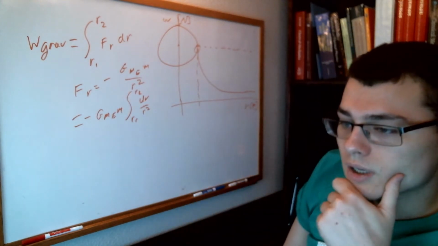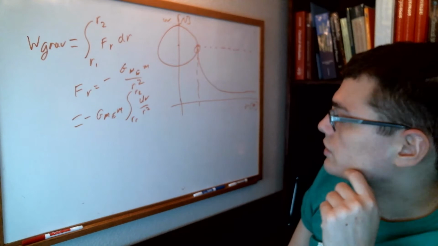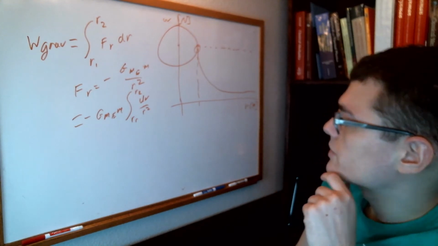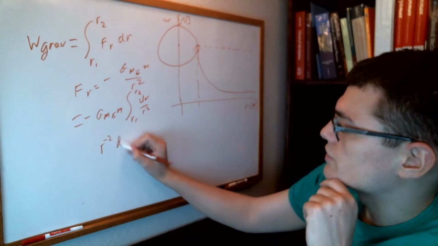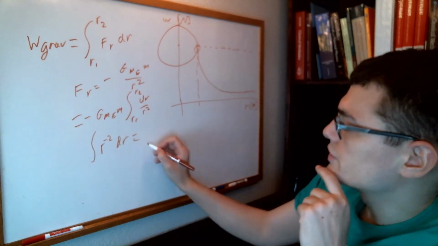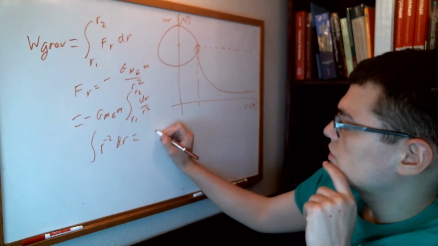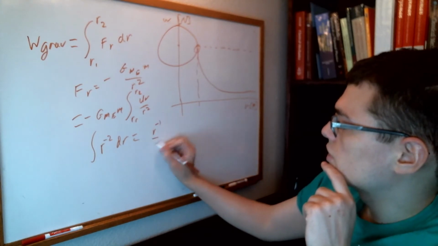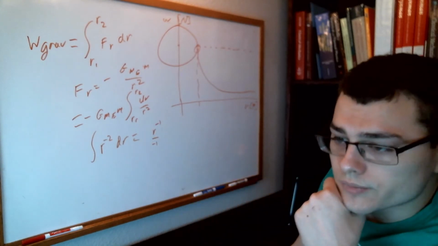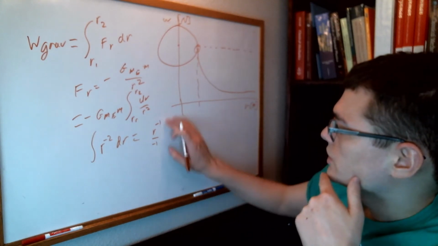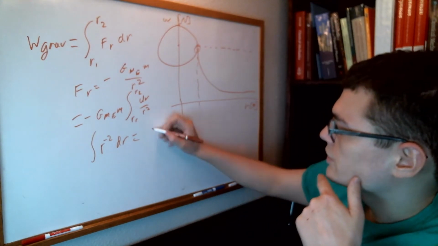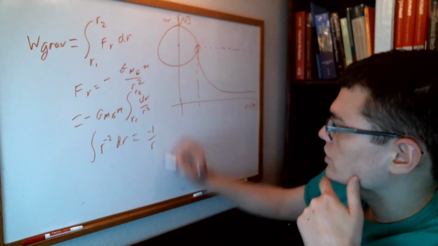And so then very quickly, this is r to the -2 dr. So then this is going to be r to the -1 over -1. And so then we can just rewrite this as -1 over r.